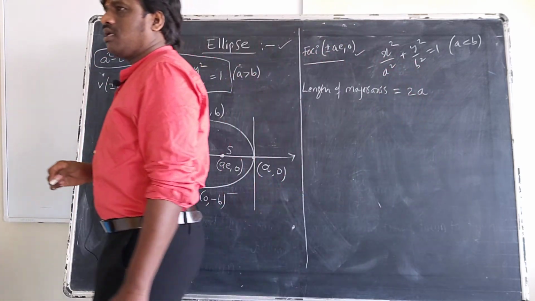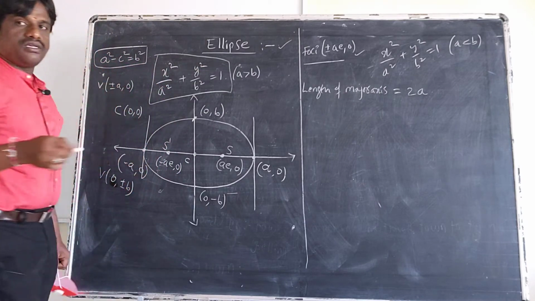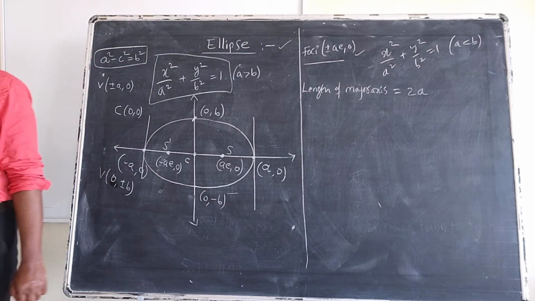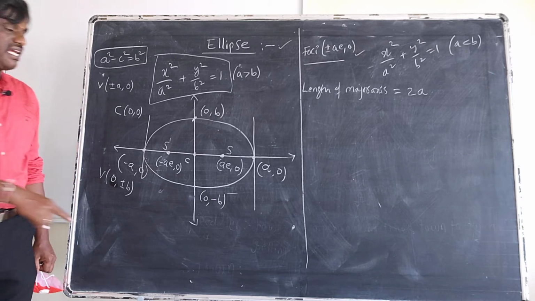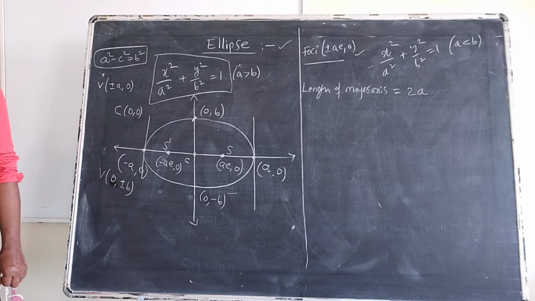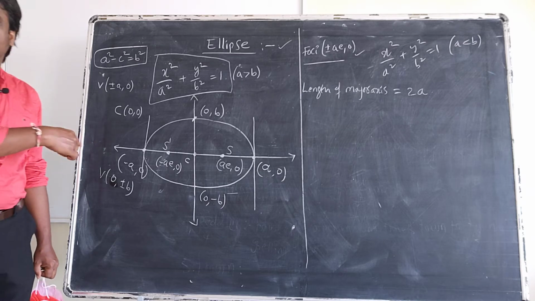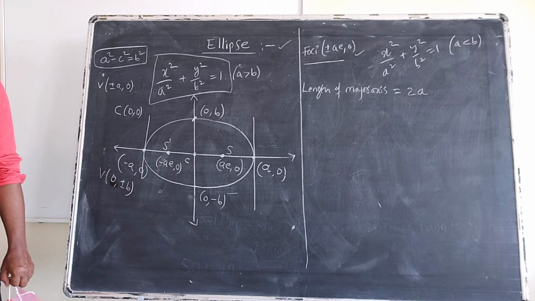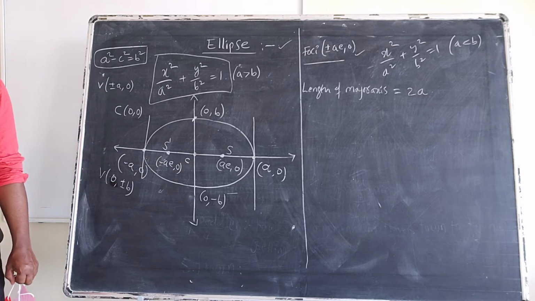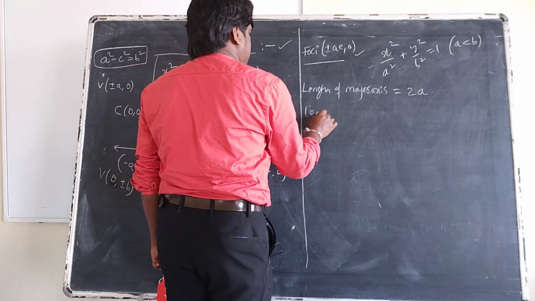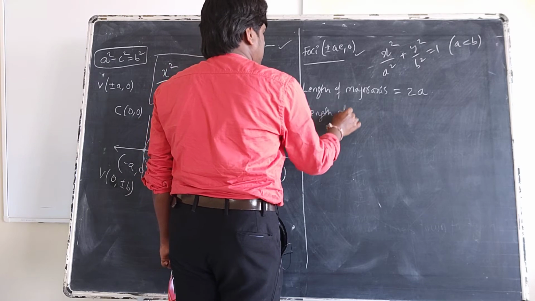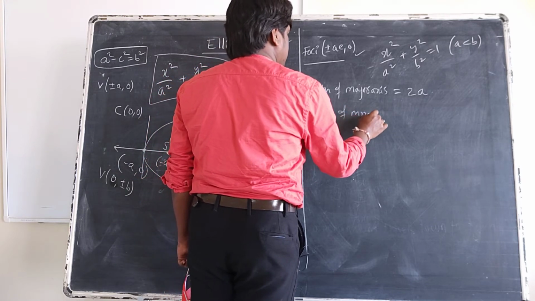Correct? Now, this is the major axis; the line perpendicular to the major axis is called the minor axis. So what is the minor axis here? The y-axis is the minor axis. Here the x-axis is the major axis, in this case for a greater than b. Now, what is the length of the minor axis?